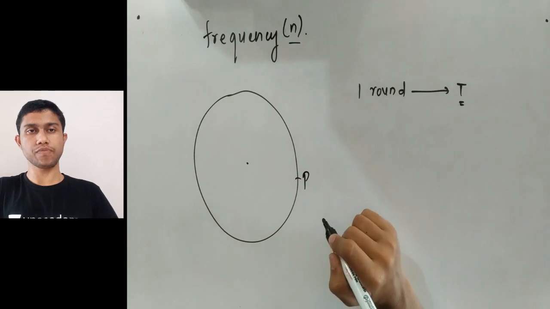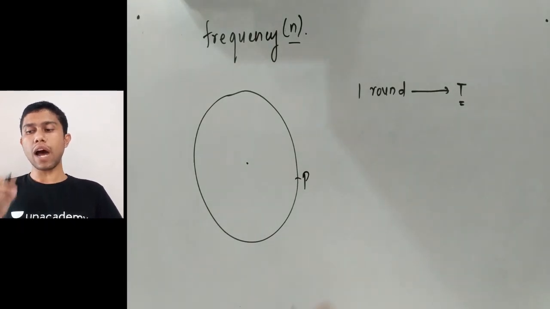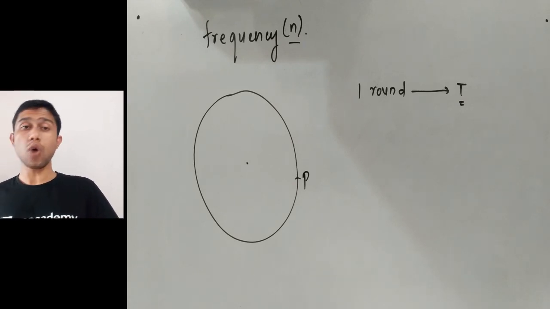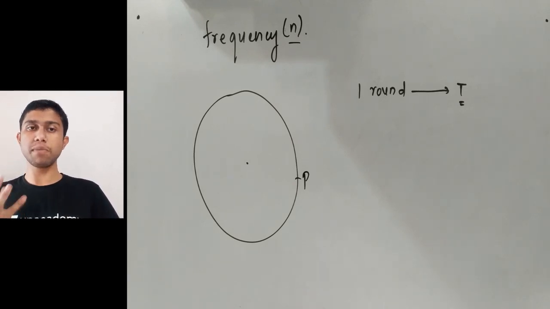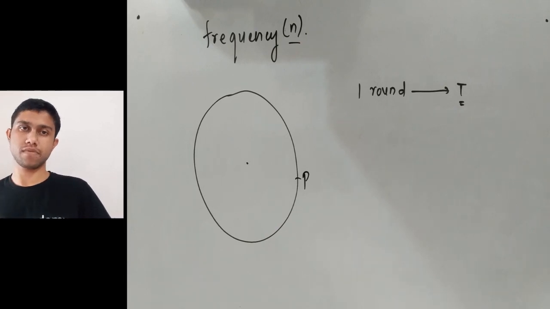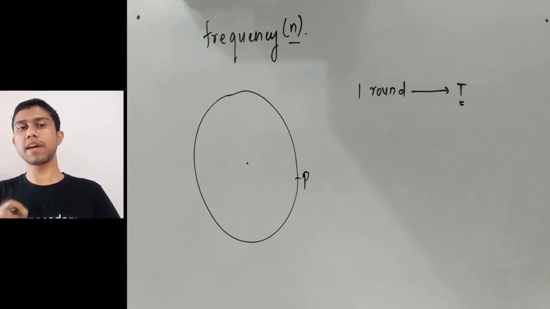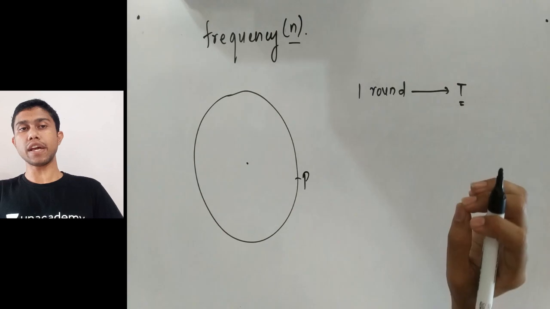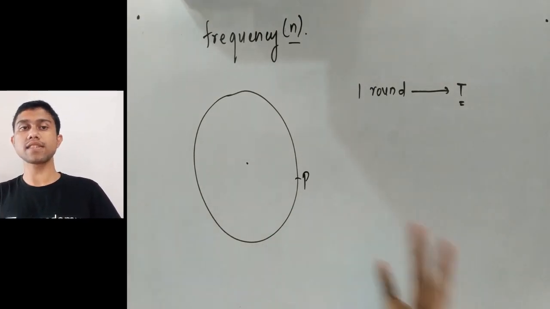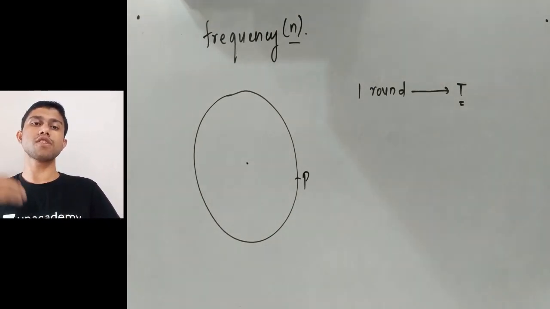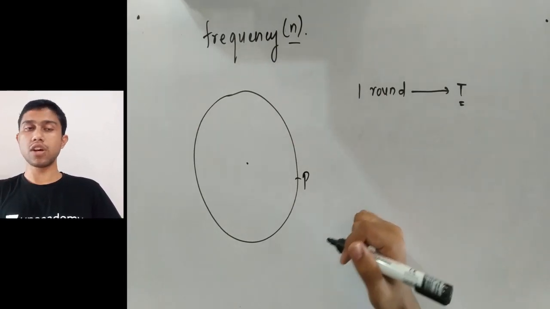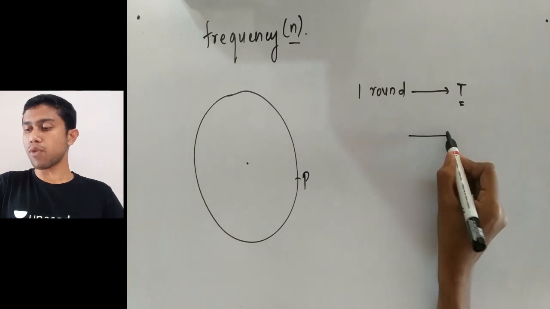Okay, so now I ask what will be the time required, or what amount of round will be completed in a unit time. What amount of round will be completed in a unit time, and that is frequency. Means I know that in time period T I complete one round, but I ask an opposite question now. What amount of round will be completed in T time? So I want to find what amount of round.